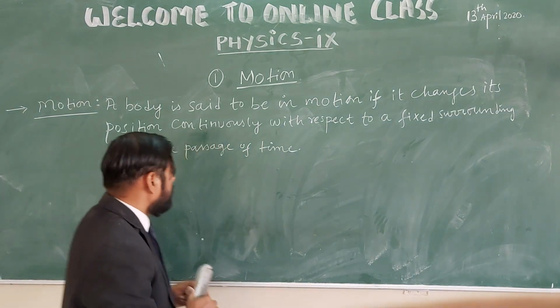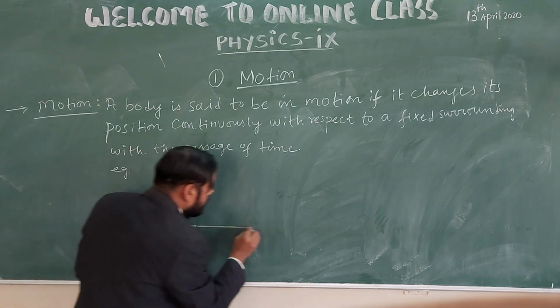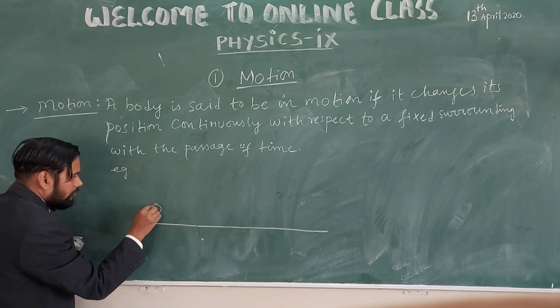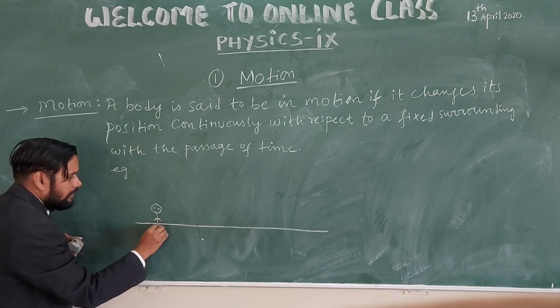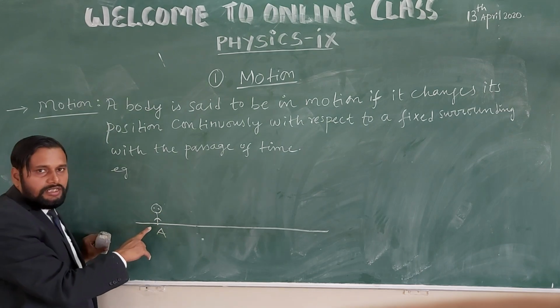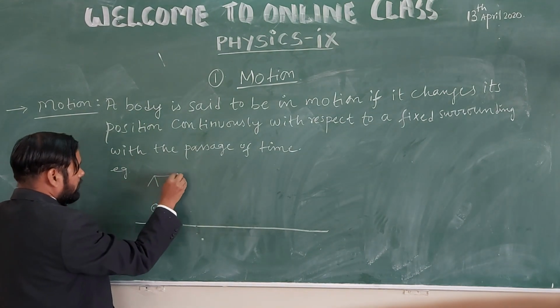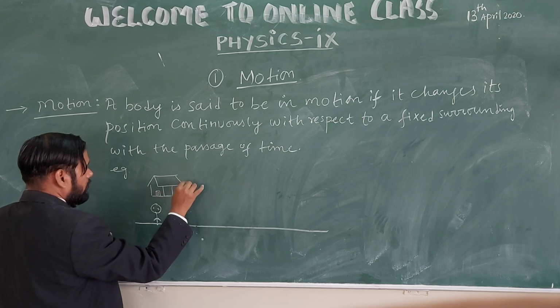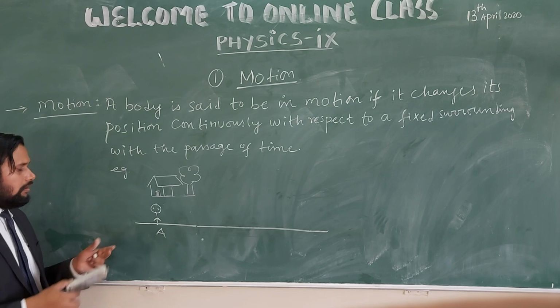For example, say a person is standing over here, and this is his position A. One house is there and one tree is there.